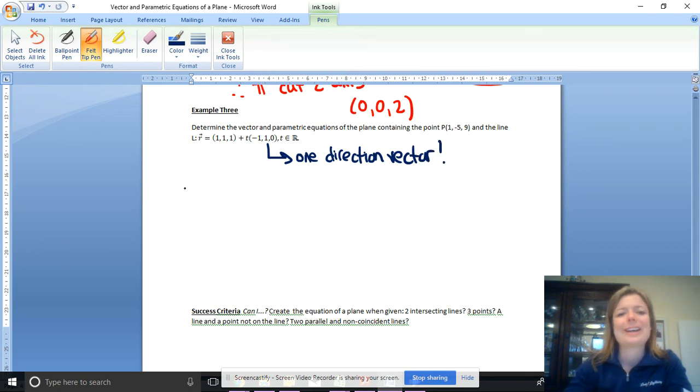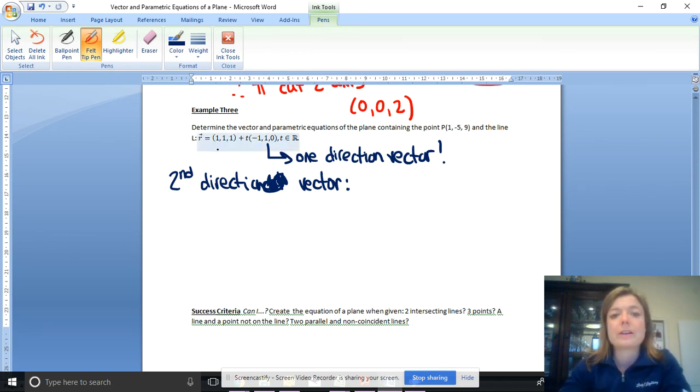Yay, we have one. But we need to find a second direction vector since it is a two-dimensional object. So we do that by finding the vector between P and the known point on the line.